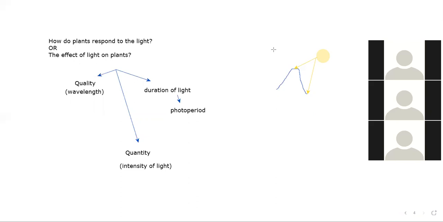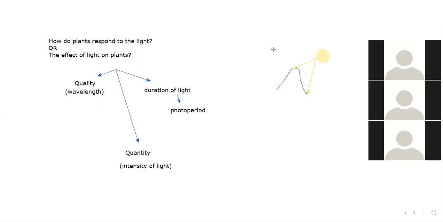We have studied about light, the electromagnetic spectrum and its parts. I told you that it is the visible light, with wavelength between 400 and 700 nanometers, in which plants do photosynthesis. Plants sense that light only.